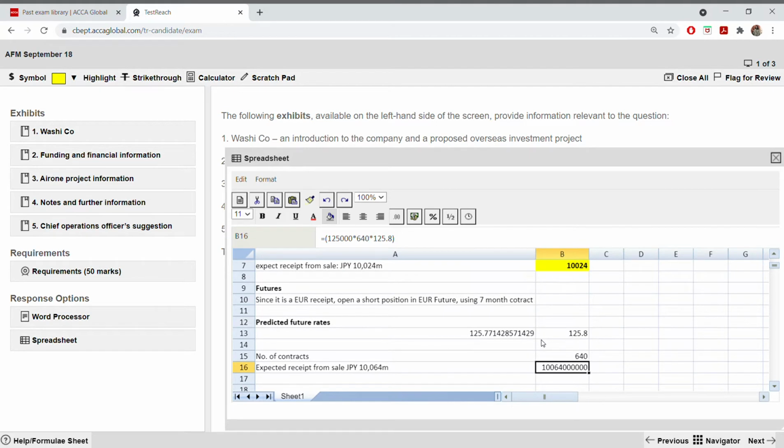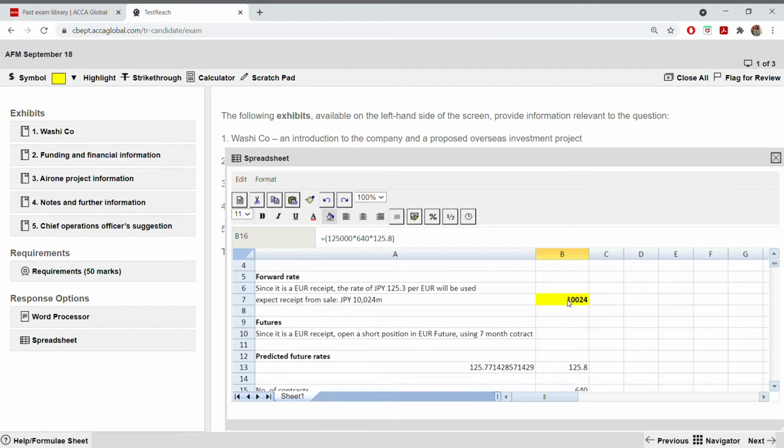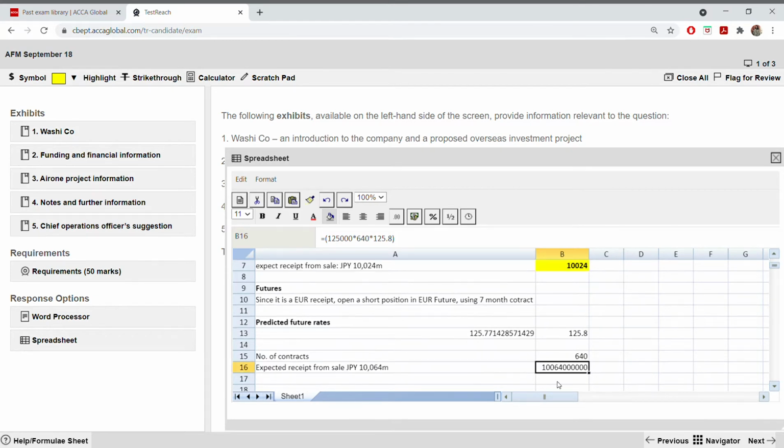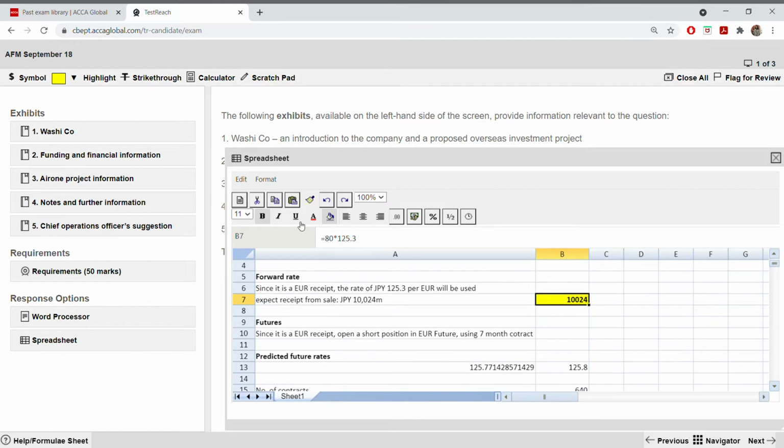Compare this and this. The forward you are getting is 10,024, but here there are 6 zeros. It becomes very difficult. Wait a minute, it's better that I highlight it here.